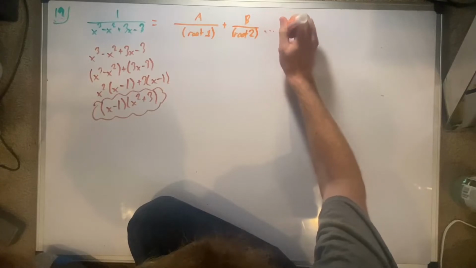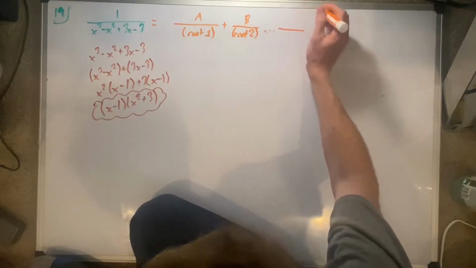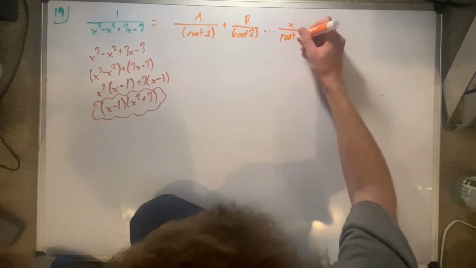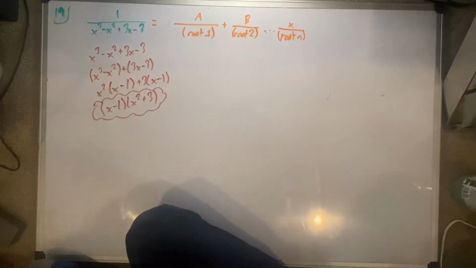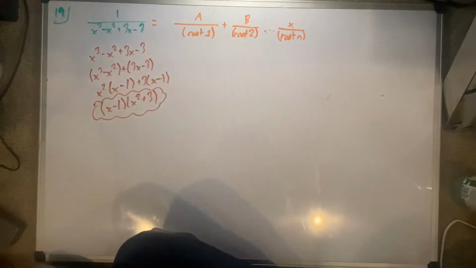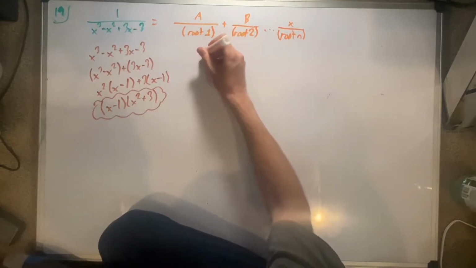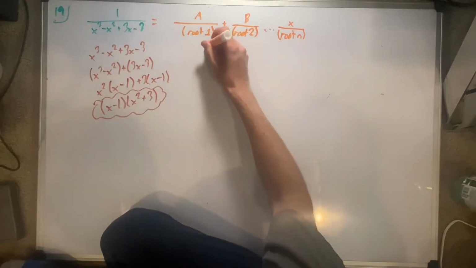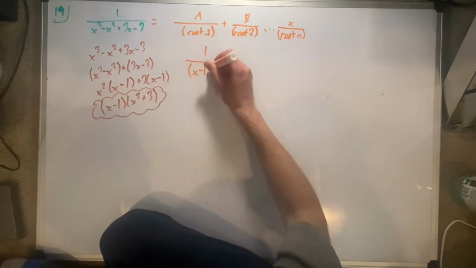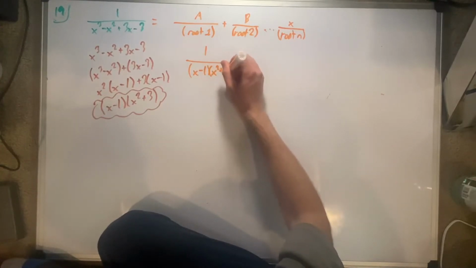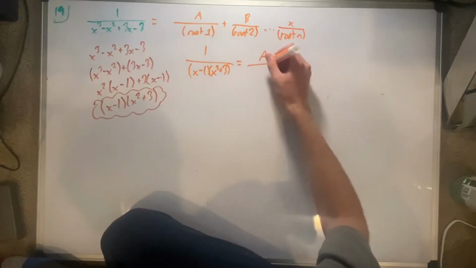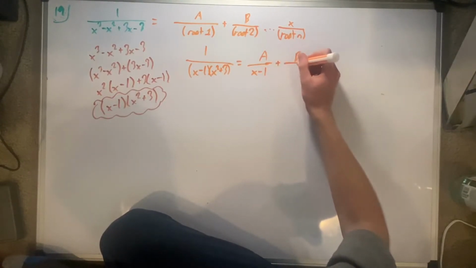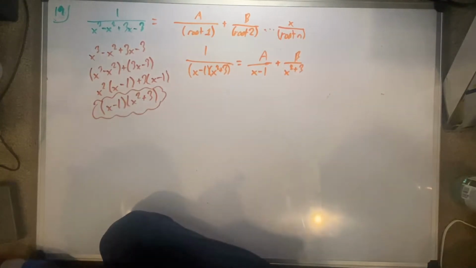And then it would go all the way until we get to root n. Now, of course, we only have two roots here, so we only have to go to just this A plus B step. Actually, you know what? I'm going to rewrite the whole thing as well, because that would make it easier. 1 over (x minus 1)(x squared plus 3) is equal to A over x minus 1 plus B over x squared plus 3.